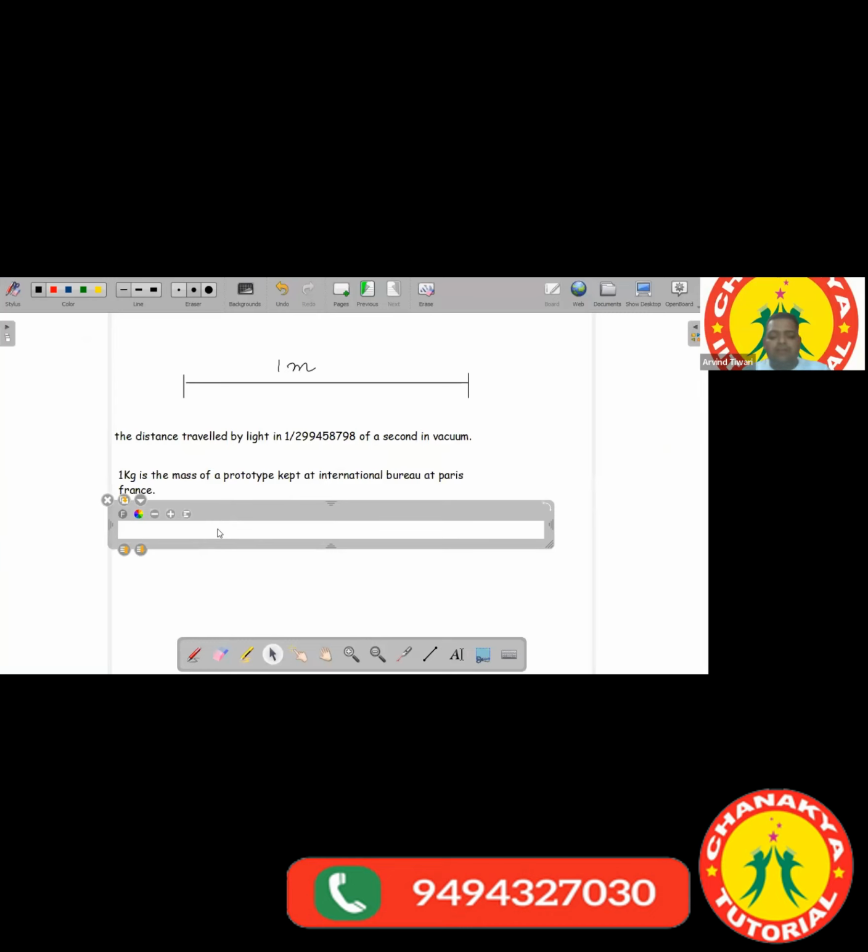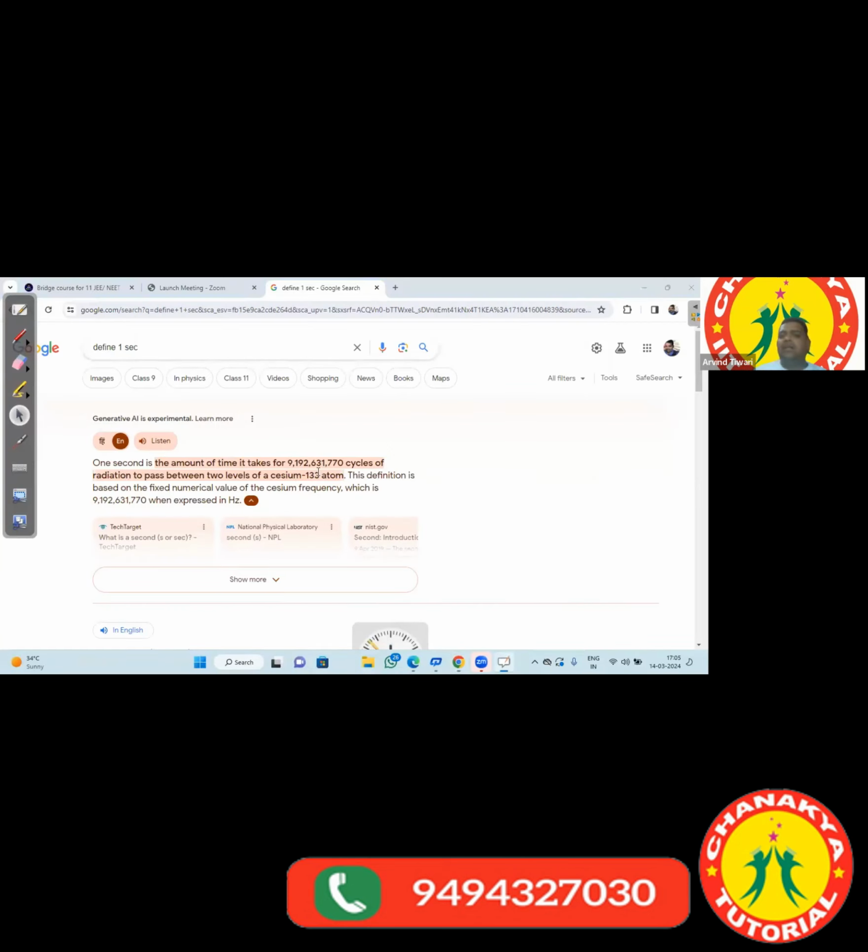We can define 1 second as the number of transitions of 9192631770 cycles of radiation of the cesium-133 atom. So if we count this many radiations from cesium, we call it 1 second.